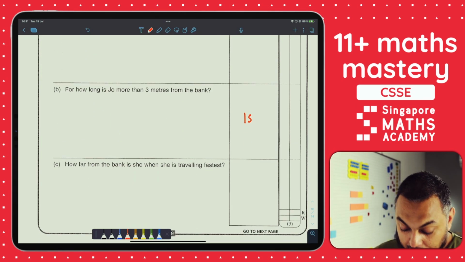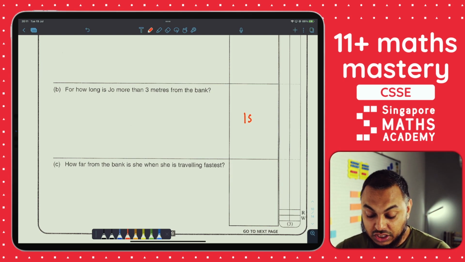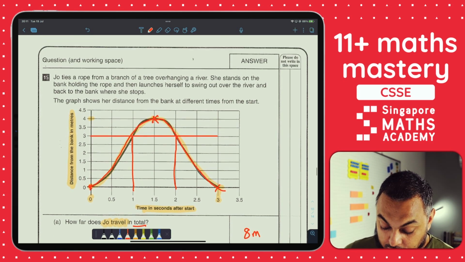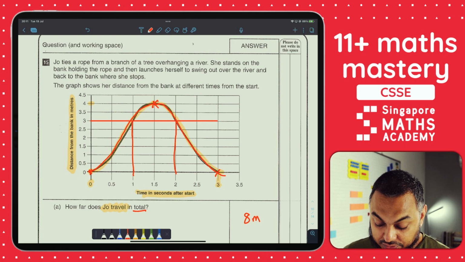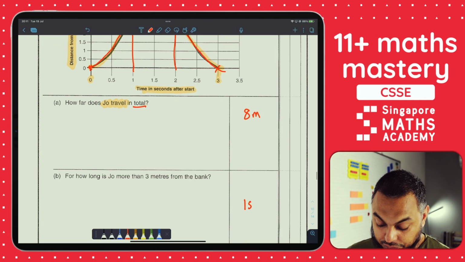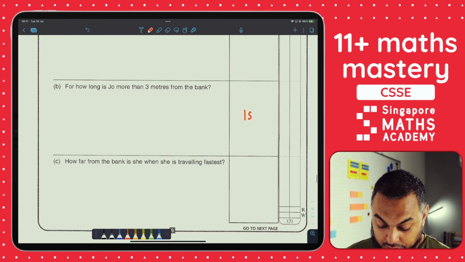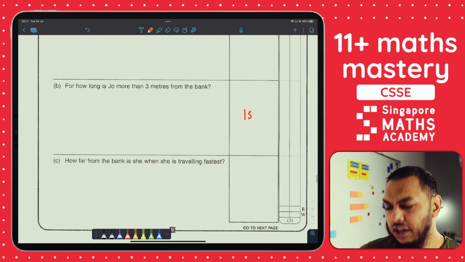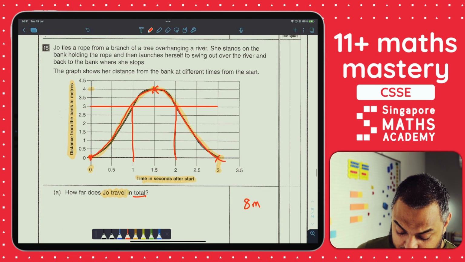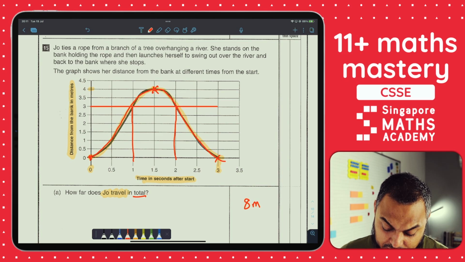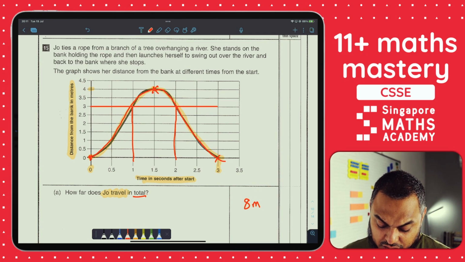Okay. How far from the bank is she when she's traveling fastest? When is she traveling fastest? That's another really silly question.